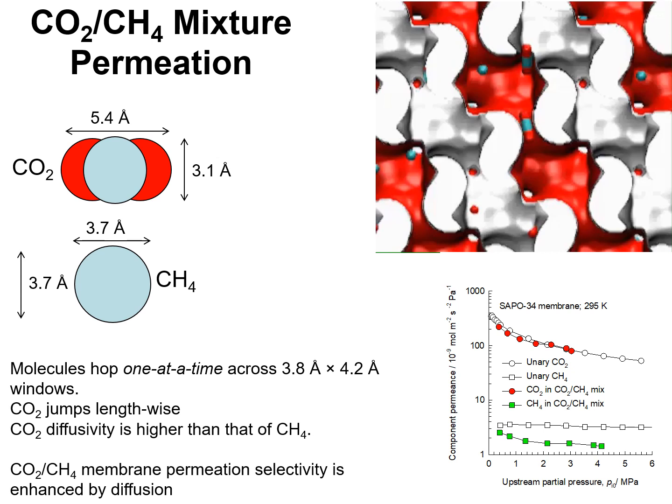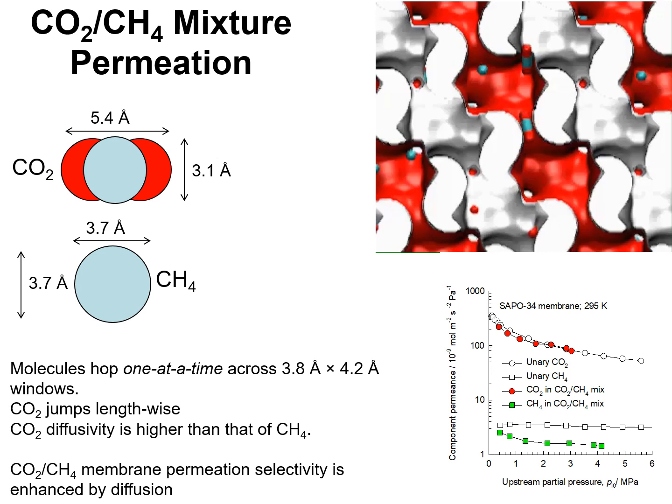We note that for CO2, the permeance of CO2 in the mixture is practically the same as for the single component. Whereas for methane, the permeance in the mixture is significantly lower than the permeance of the single component.